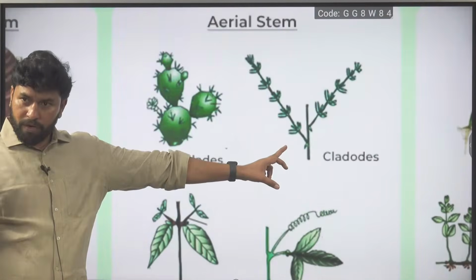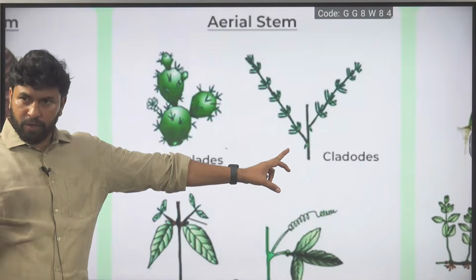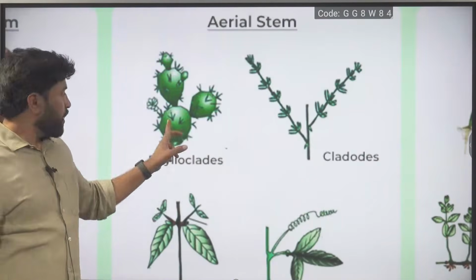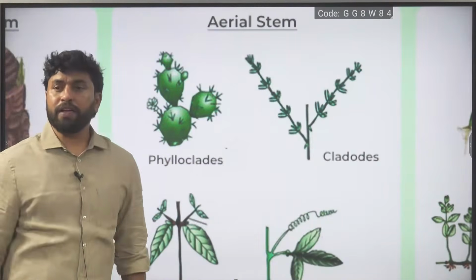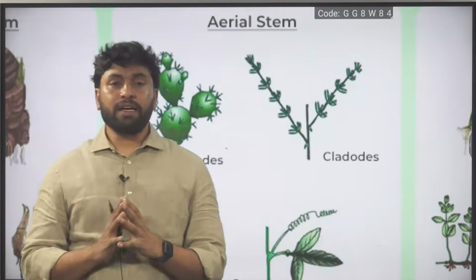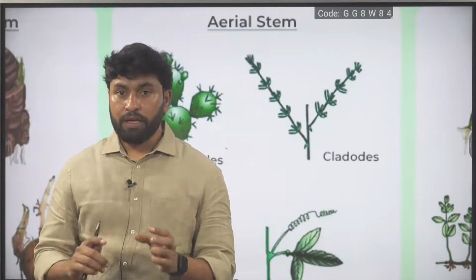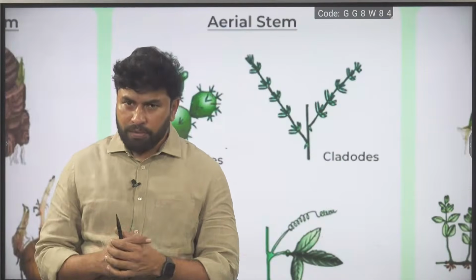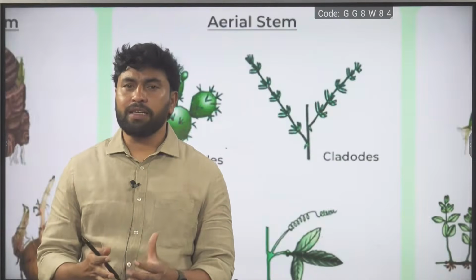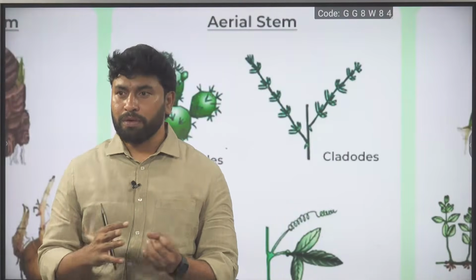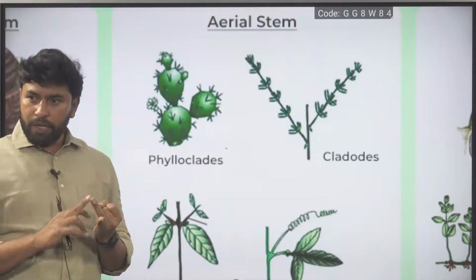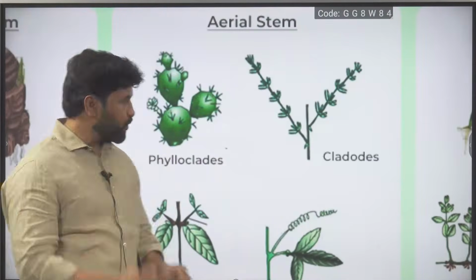Cladode is a stem modification, only a single internodal length of stem. Here, the entire stem is modified in the form of a leaf-like green photosynthetic body. In addition to these two terms, we will also come across another term called phyllodes. Phylloclades, phyllodes, cladode. Let me show you them.